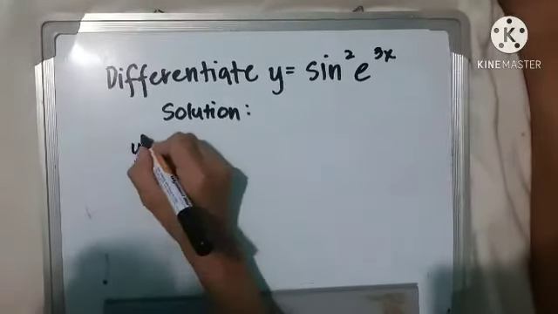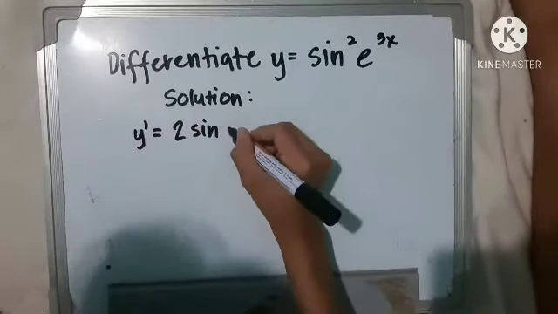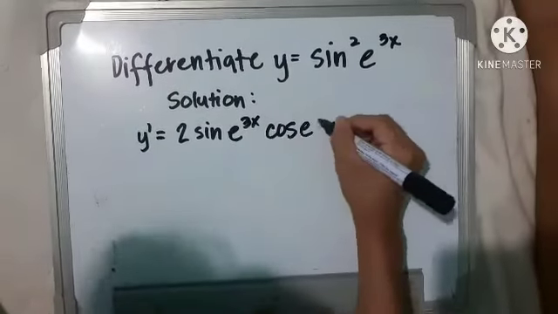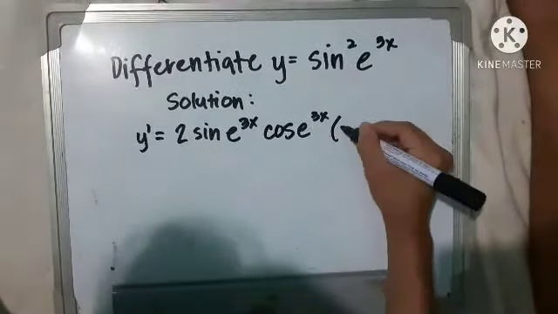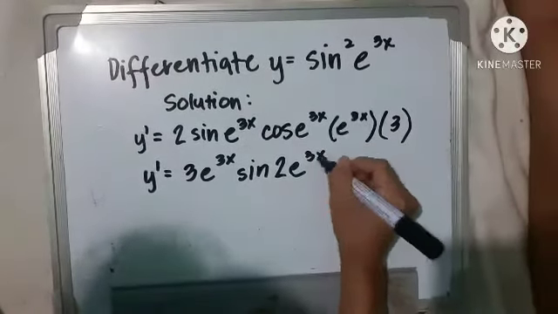The sine squared gives us 2 sine e raised to 3x, and we derive the base, the sine, which is cosine of e raised to 3x, and we derive e raised to 3x, which is 3 only. That will result in 3e raised to 3x times sine 2e raised to 3x.